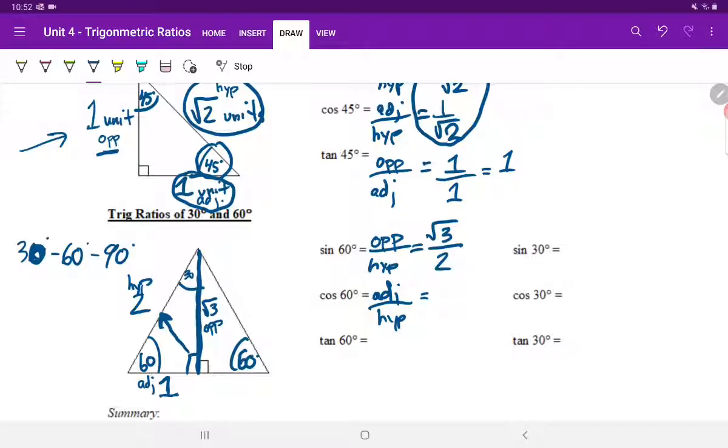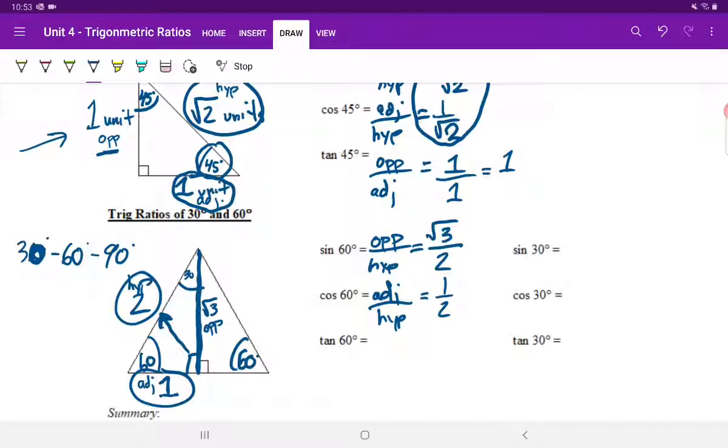So adjacent divided by hypotenuse is 1 over 2. And try it in your calculator. The cos of 60 is 0.5. And so what that means is that the ratio of the adjacent to the hypotenuse is 1/2. Or the adjacent is 1/2 the size of the hypotenuse for a 60-degree angle, right angle triangle.